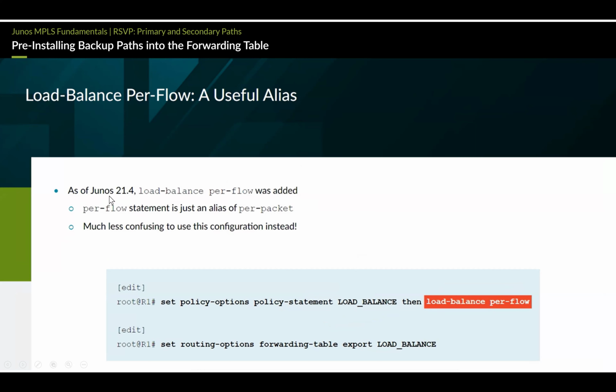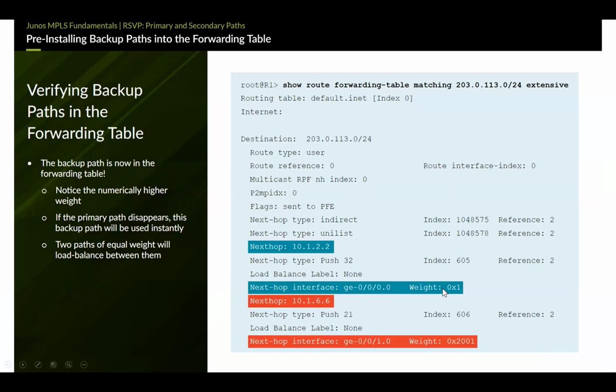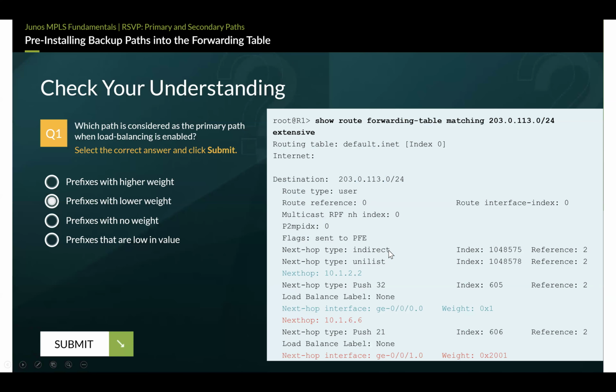In Junos 21.4, load balance per flow was added. You can also use load balance per flow. After that, if you check, you will get multiple next hops in the forwarding table. That means load balance already happened after committing the policy.